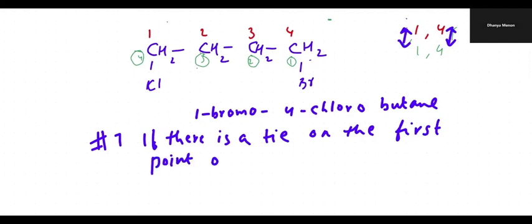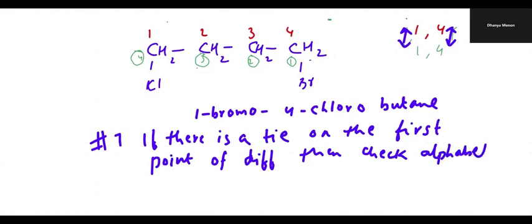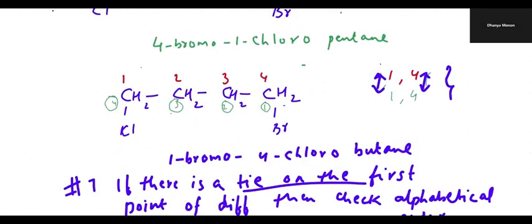Then check the alphabetical order. And what is the condition? There's a tie on the first point of difference, as you can see here. The first point of difference is the same. Okay.